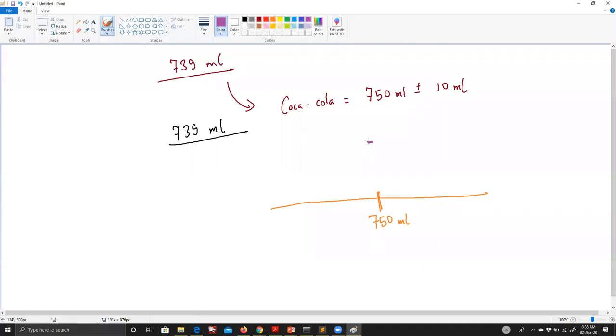It's very hard to measure exactly, but the machine will take care of dropping 750 ml, but let's say there is some variation. I've tried to draw a Gaussian. So most of the bottles would have around 750 ml plus minus some. Let's say Coca-Cola is claiming 750 ml plus minus 10 ml.